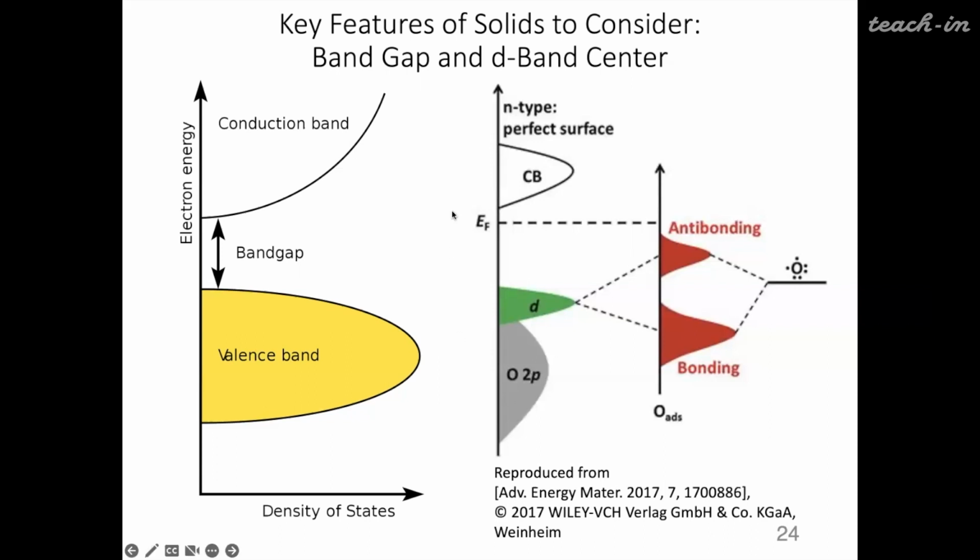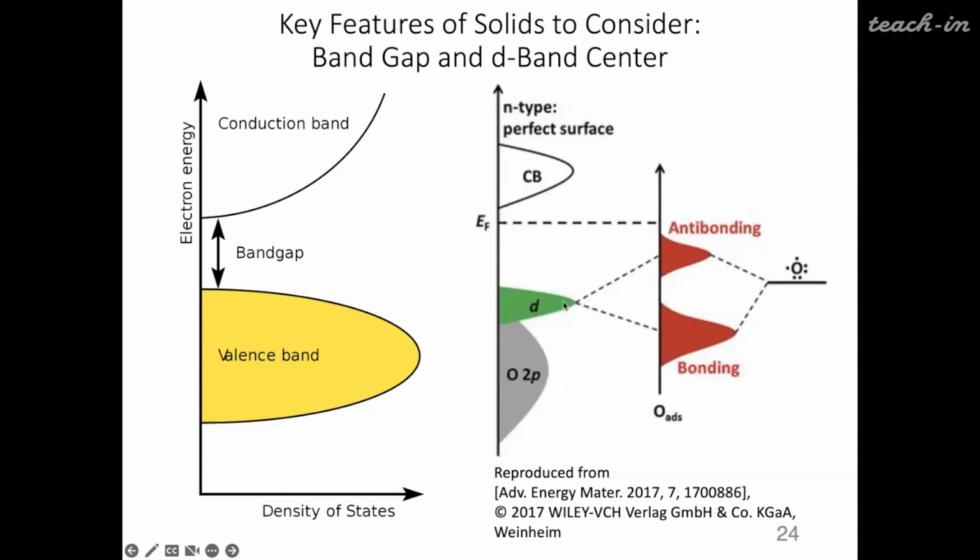Often materials interact with adsorbing atoms or molecules with d electrons. So basically, electrons from the d band interact with antibonding and bonding orbitals of an adsorbate.